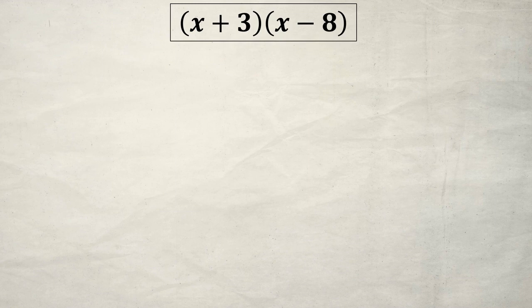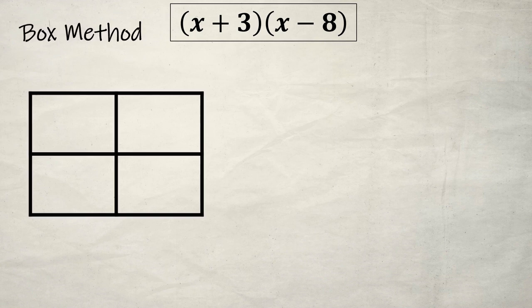So if we were to look at this one, we have x plus 3 times x minus 8. So let's use the box method with that. So here's my box, and I'm going to write that first binomial up on top. So I have x plus 3. And then along the side, I'm going to have x minus 8.